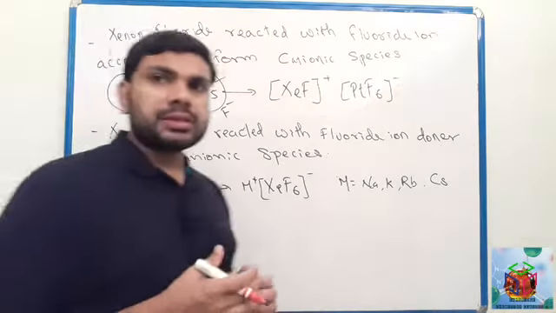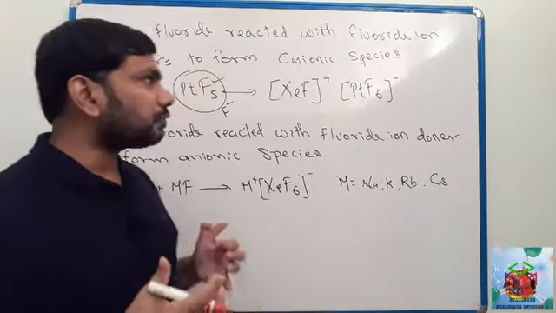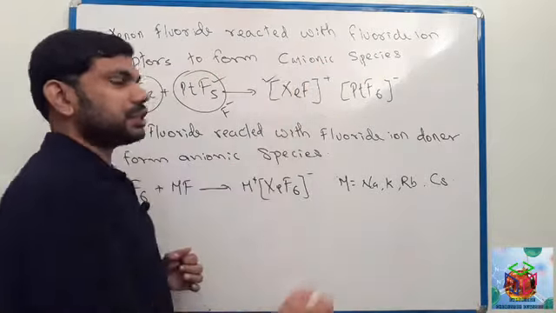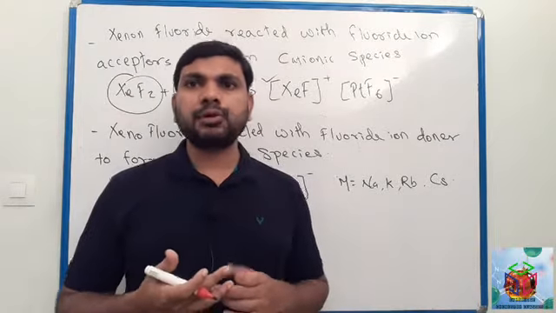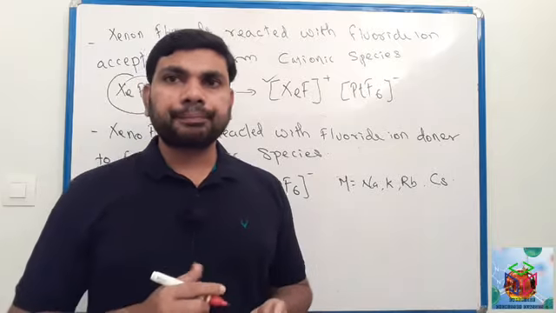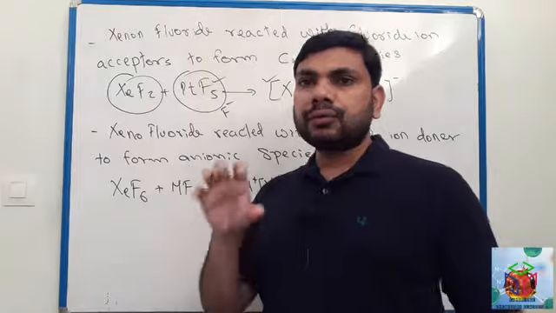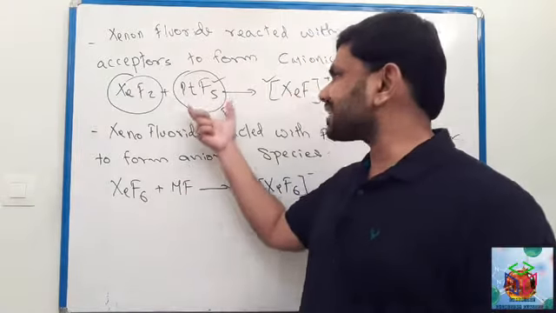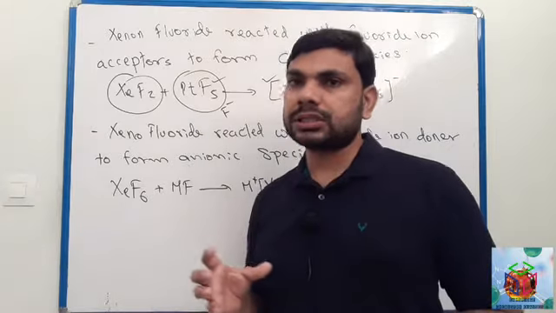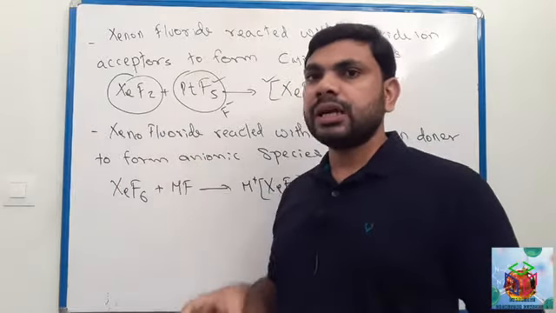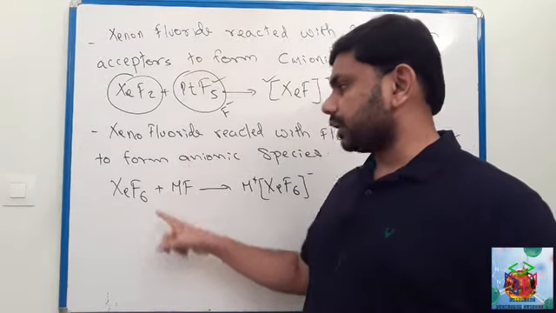After reacting with the fluoride ion acceptor, xenon fluoride will change to a positively charged species. Clear? So it will accept one fluoride, then this species will change to a positively charged particle, a cationic species.